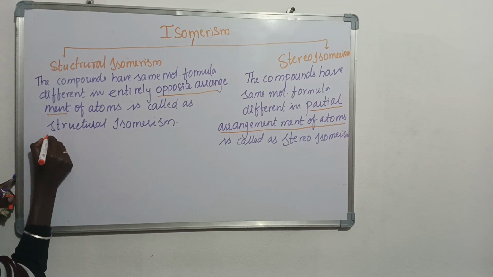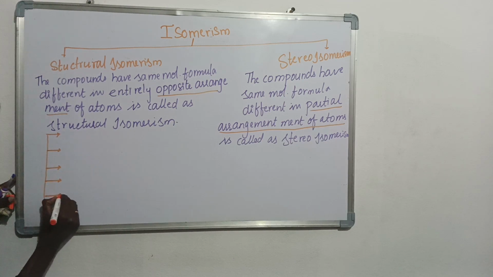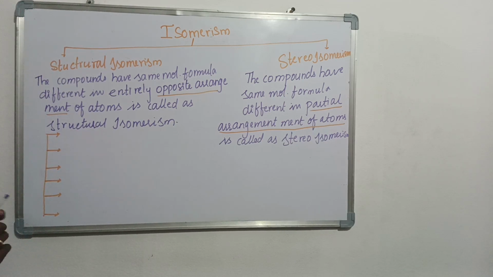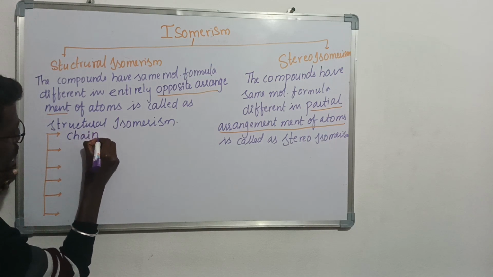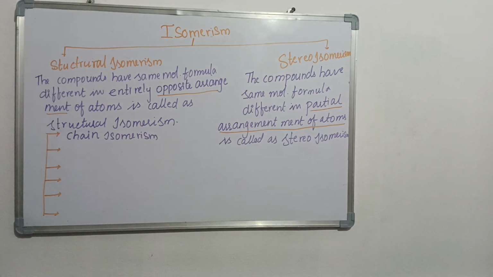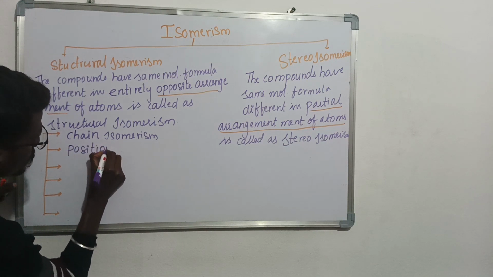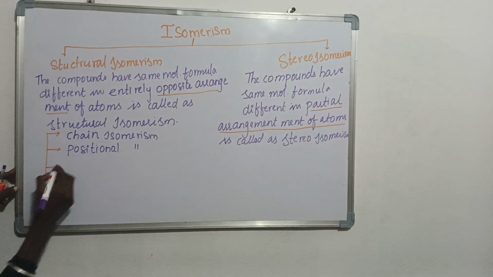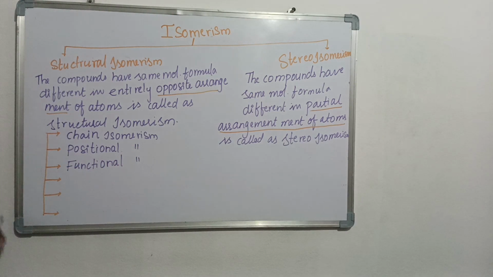Then coming to the classification of structural isomerism. Structural isomerism is again classified into different types. The first one is chain isomerism. Second one is positional isomerism. Third one is functional isomerism.